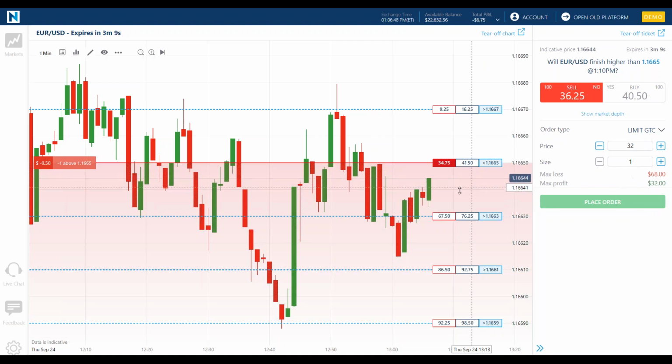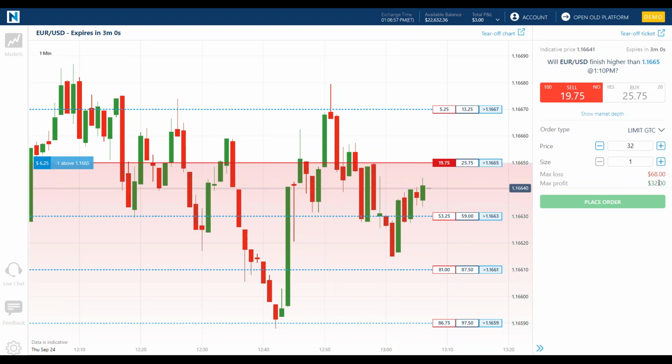I risked 32. Now look, as it ticks higher, this starts ticking higher pretty quickly. I could only make $32 because if it goes to zero, if it settles above, so it would actually be in the blue range, I would lose 68. I'm risking 32 to potentially make 68.